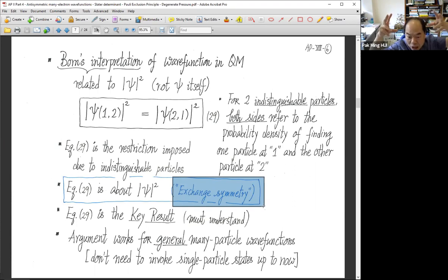But in general, we are exchanging the coordinates of the two indistinguishable particles in the wave function and see what values come out. The requirement is that the square must be equal to the square, okay? This is the key result. We can generalize it to 3 electron wave functions, 4 electron wave functions, etc. Okay, we have a way to write such thing down later.